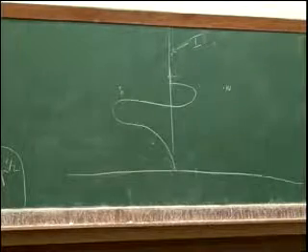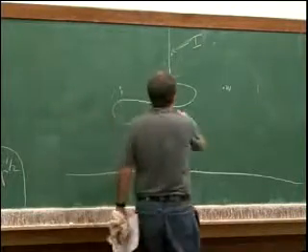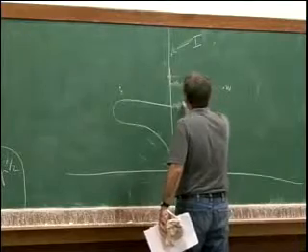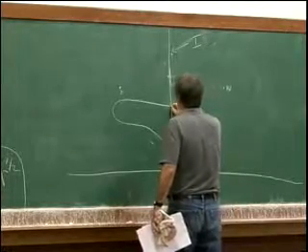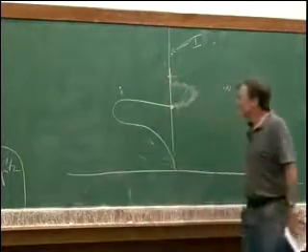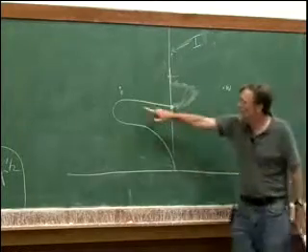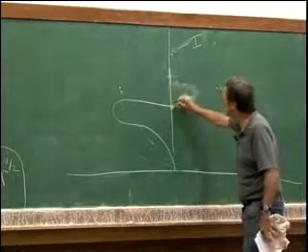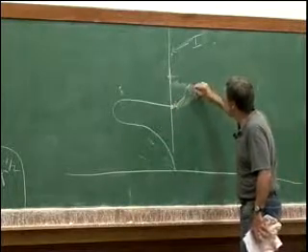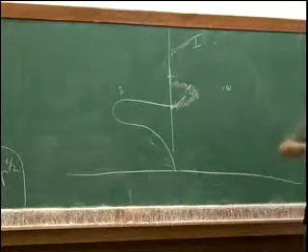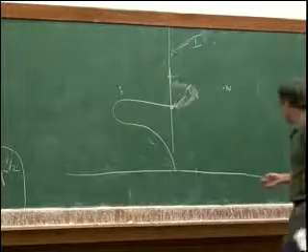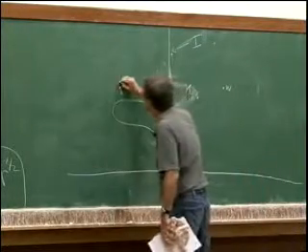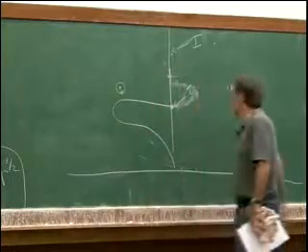This is a case where I've gotten close to Z, so this wasn't an excursion. So let's assume this were tau j, or gamma tau j. And I'm trying to get there.